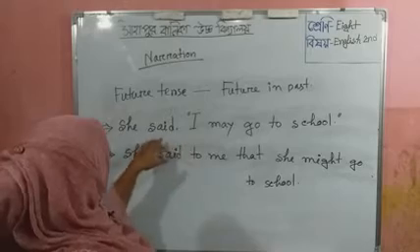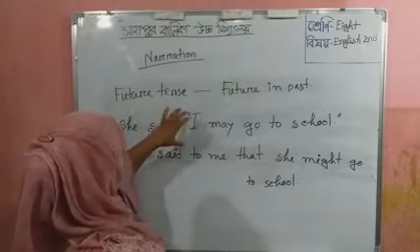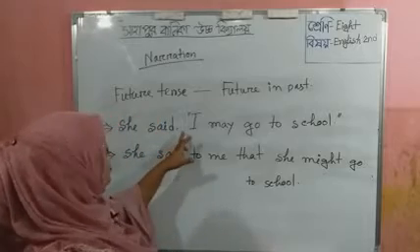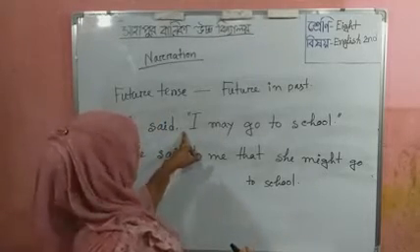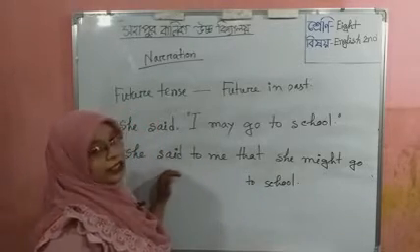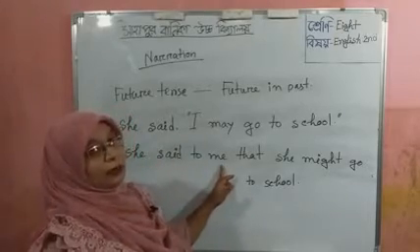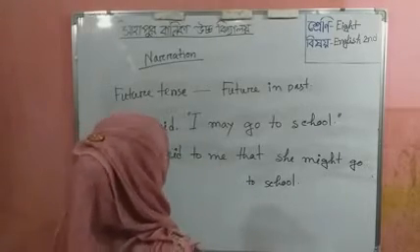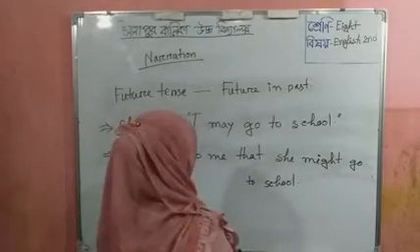In this direct sentence, we do not get any object, but in the changing form, direct to indirect, we take me like an object.